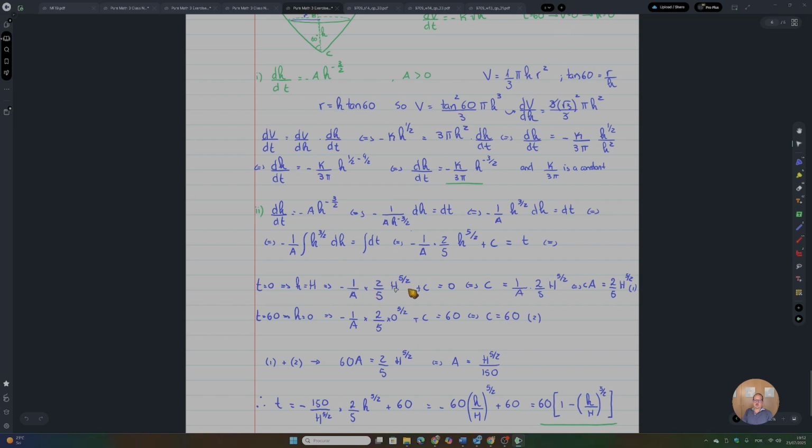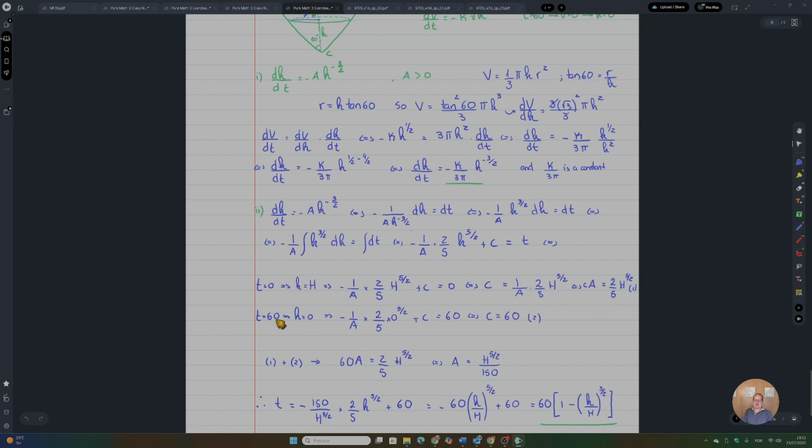So I can substitute the 0 over there, the capital H over here, simplify, and I get an expression for C and A. Don't forget I have two unknowns to find, C and A. The other piece of information is going to give me the second equation that I'll need.